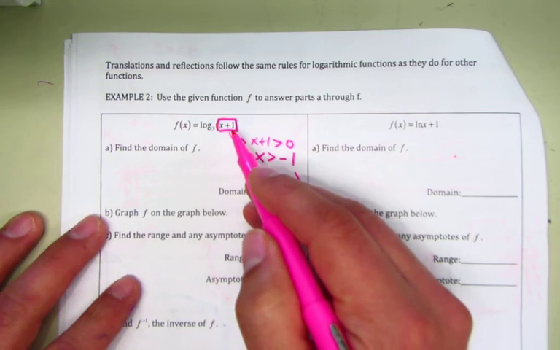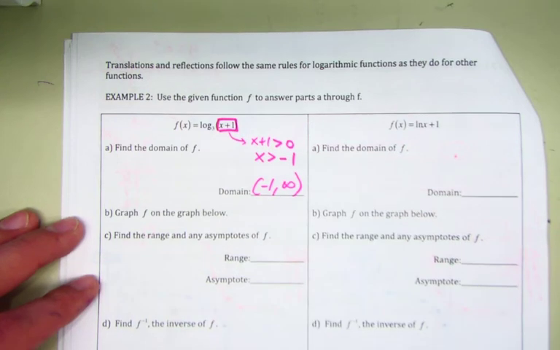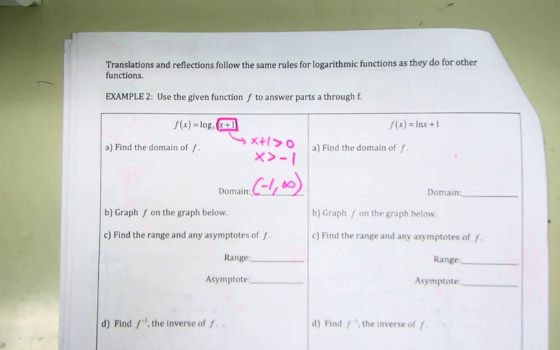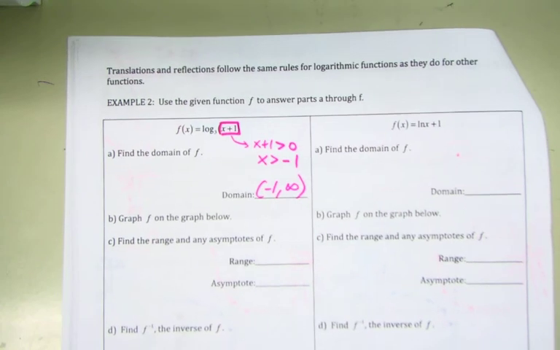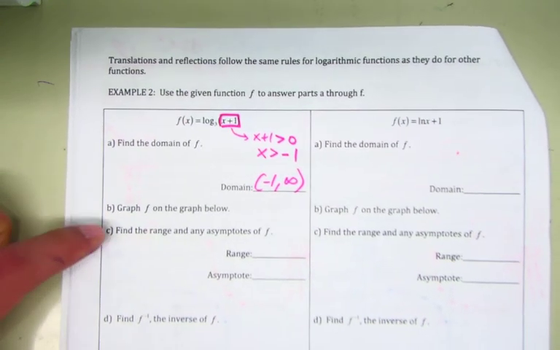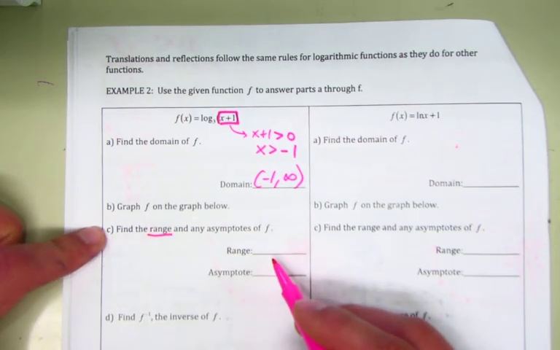You guys have known for a long time now that if I add 1 in the function, it goes left 1. So instead of going from 0 to infinity, the domain shifts with that. Does that make sense? And now it's from -1 to infinity. Lots of ways that you can think about it. Okay, we'll skip the graphing part for now. The range. What's the range for any log graph?